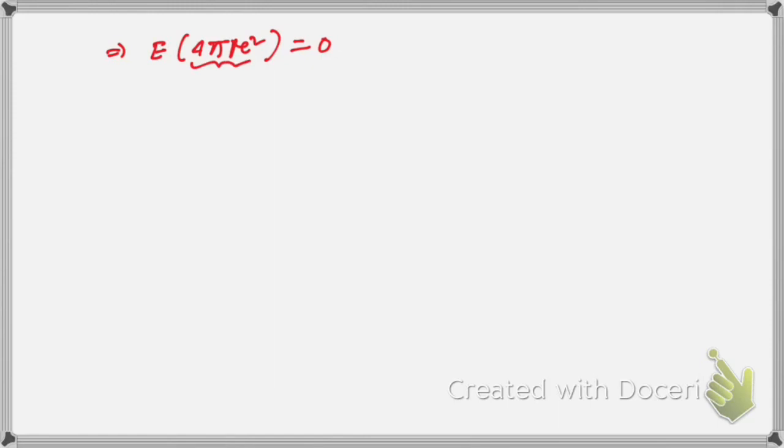Since 4 pi r square is area, it cannot be equal to 0, right? The only possible value which can be 0 is E, the electric field. That is what we want to prove, right? So this is the electric field inside a hollow sphere. Hope you have understood this. Now let's move on to the next question.